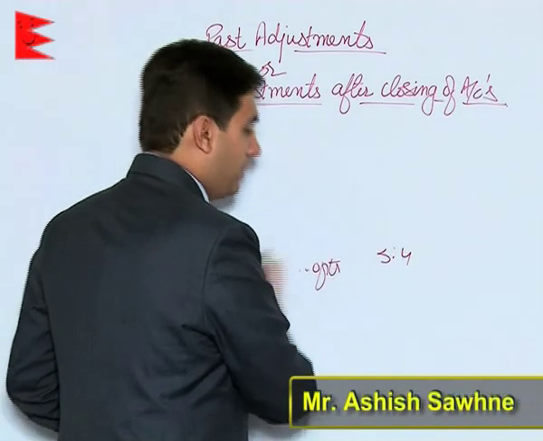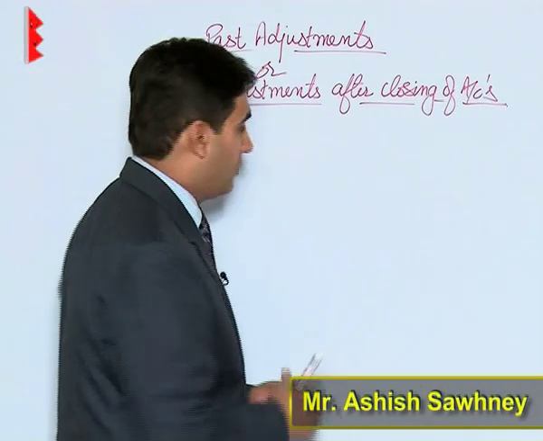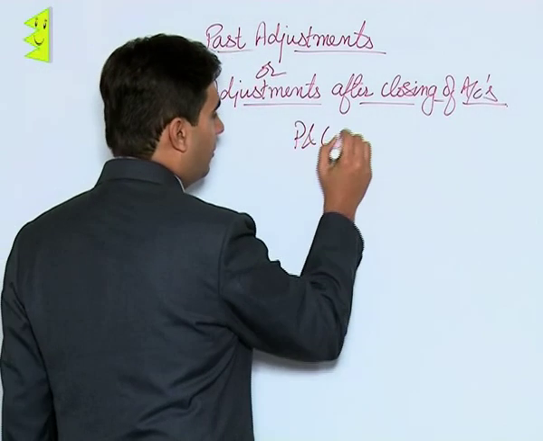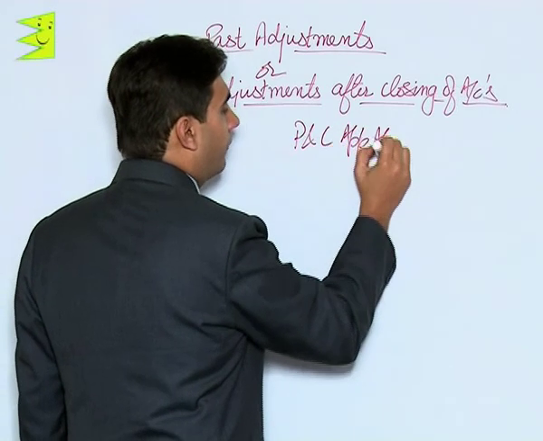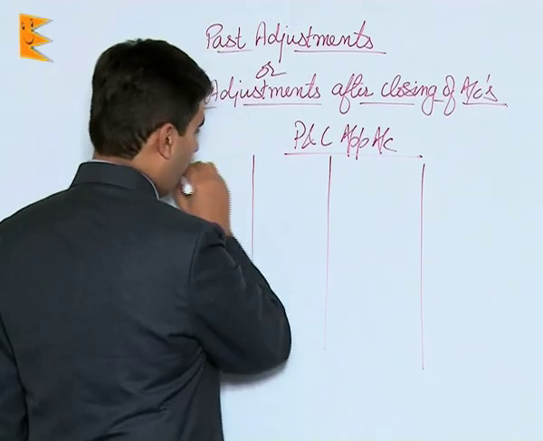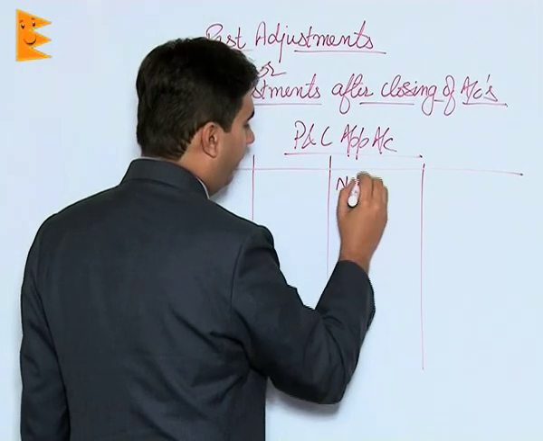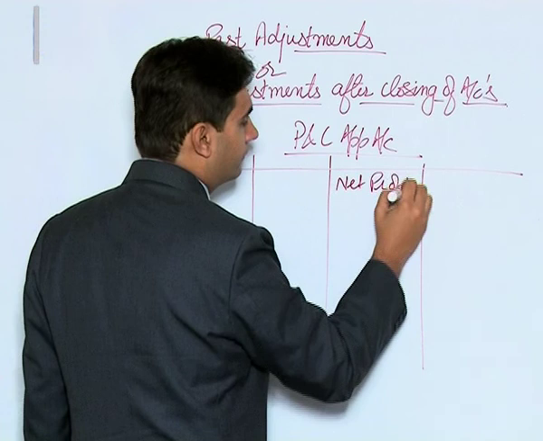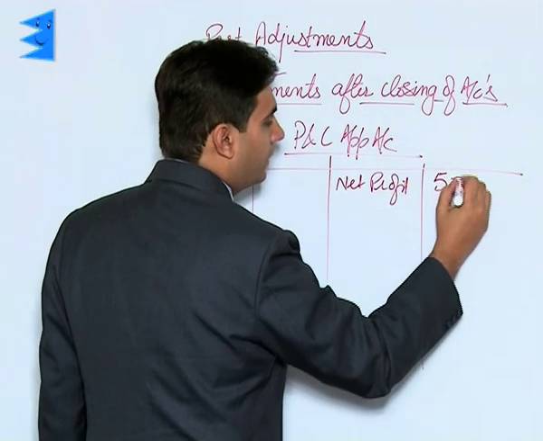Let us say I am just drawing a skeleton format of P&L appropriation account. This is a P&L appropriation account of a certain firm which has earned a net profit of 5 lakh during the year.